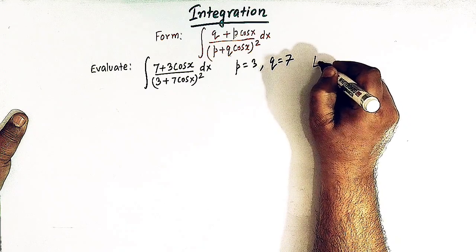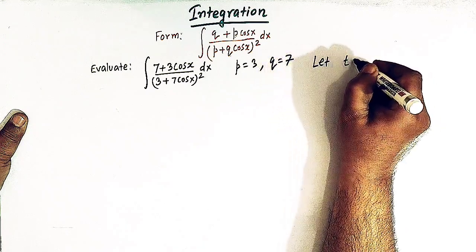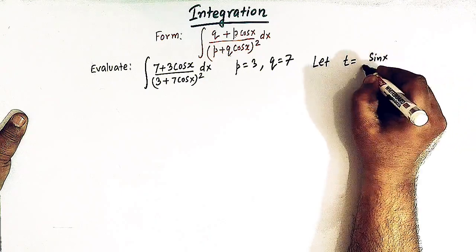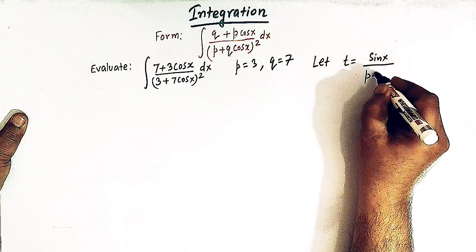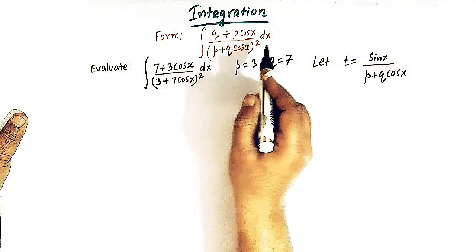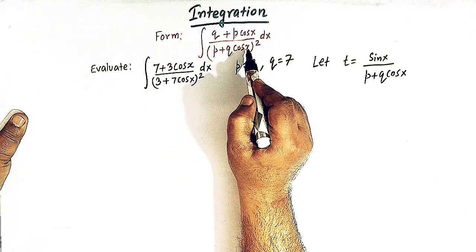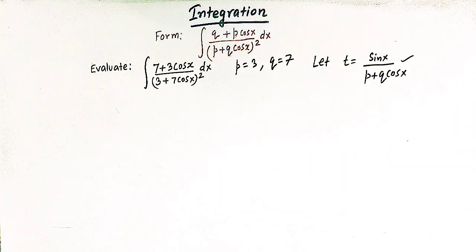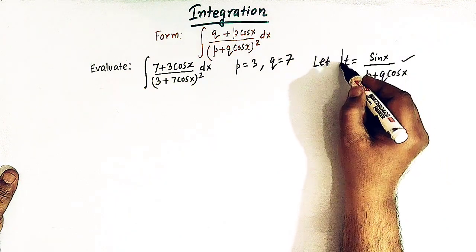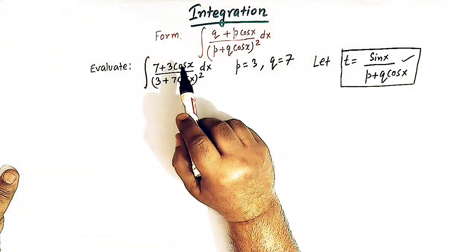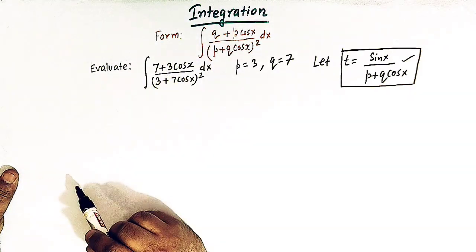Let us take t equal to sin x divided by p plus q cos x. Whenever we come across these types of integrals, we always take this substitution, so we should always remember this form of substitution.